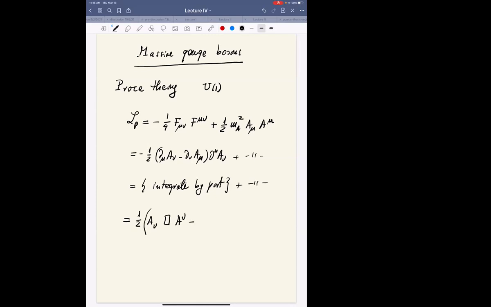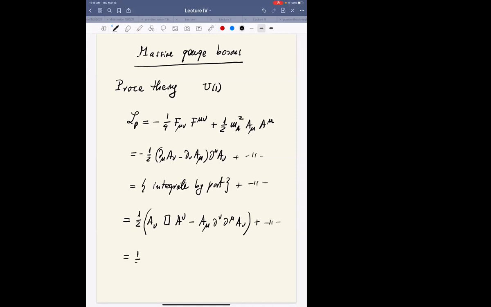And the second piece is going to give me d mu. I wrote it there, d nu, d mu, A nu, plus the mass term, which is written there.